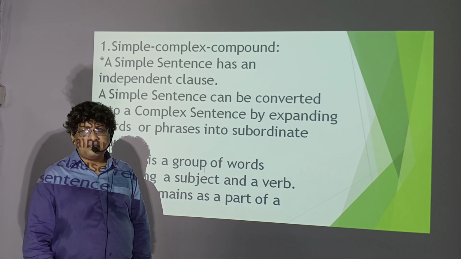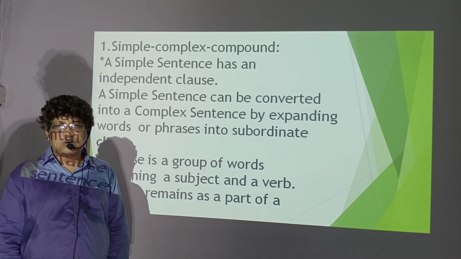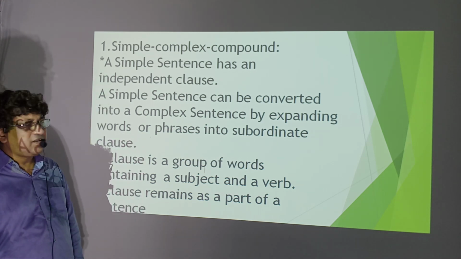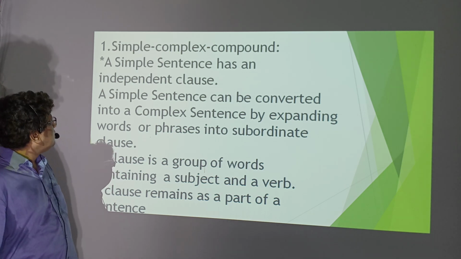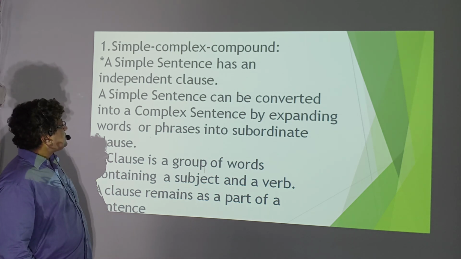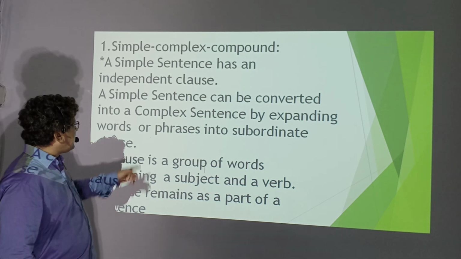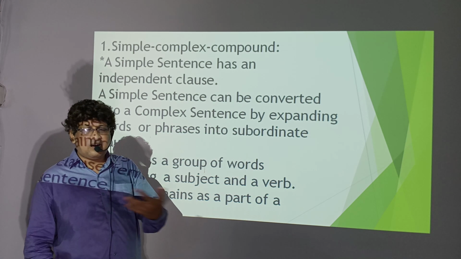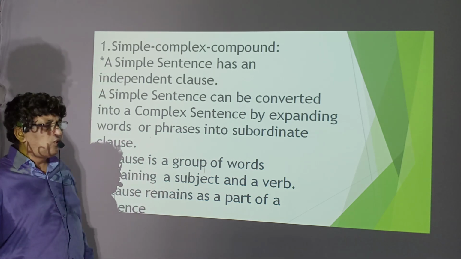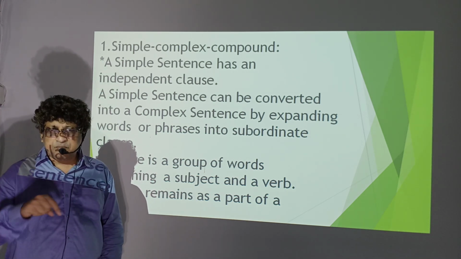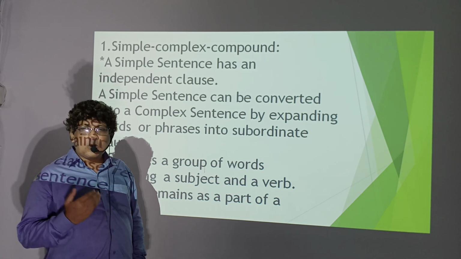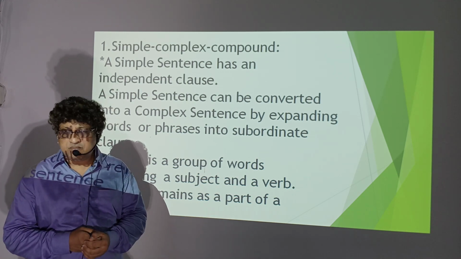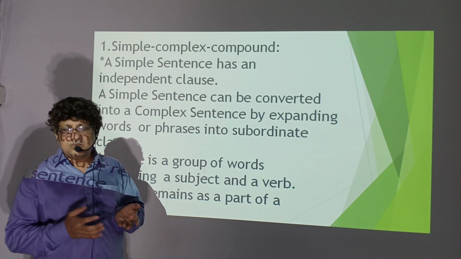That means it fulfills the requirement for a sentence. So, a simple sentence has an independent clause. Second, a simple sentence can be converted into a complex sentence by expanding the words or phrases of the simple sentence into clauses, so that we can transform the simple sentence into complex one.